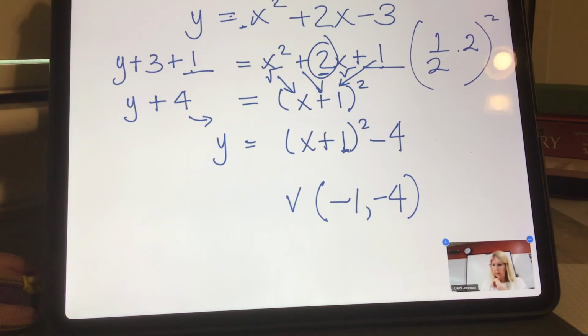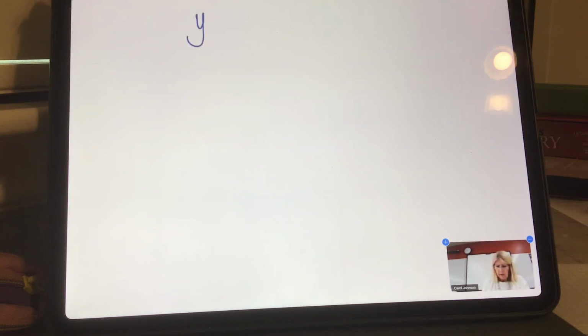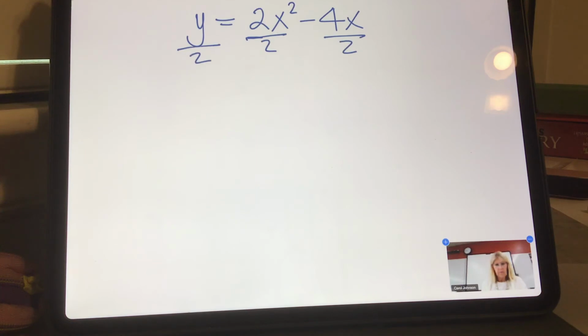Okay, let me do another one. Let's do a little bit harder one. So y equals 2x squared minus 4x. We are going to complete the square. So remember, what you have to do is make the coefficient in front of the squared term equal to 1. So the first thing you're going to do is divide every single term by 2 on both sides of the equation.